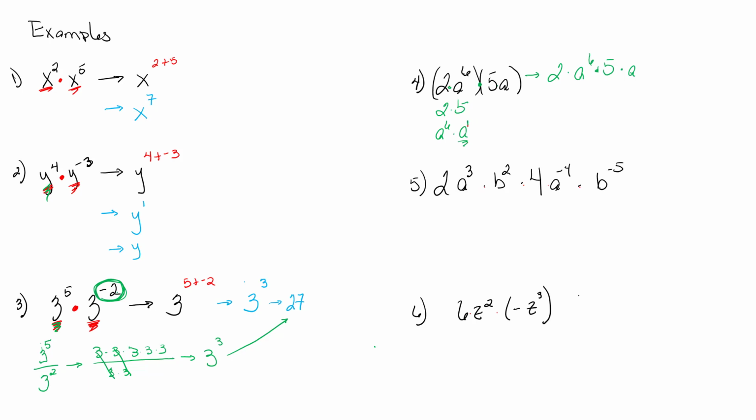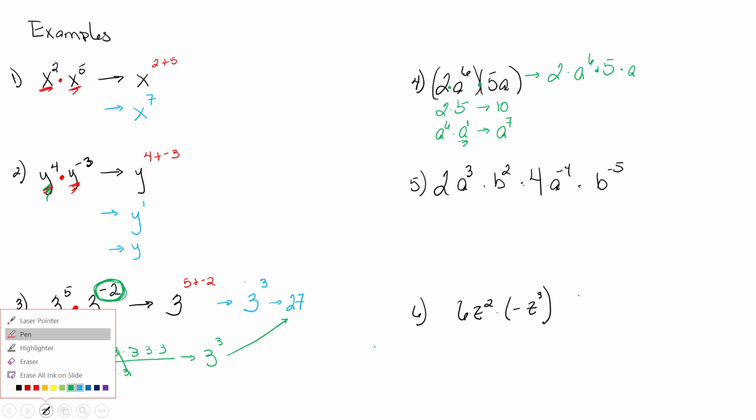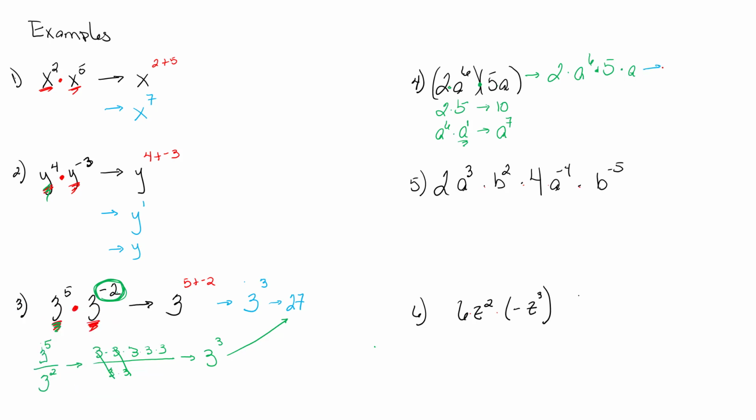It's a 1. So you know as well as I do what 2 times 5 is. And based upon the first 3 problems, you know that when you multiply these two a's together, the bases are the same, so you get to add the exponents. So when you write your final answer, since this was all multiplication, my 2 individual answers get multiplied together, which means I get 10a to the power of 7. Make sense? Cool.